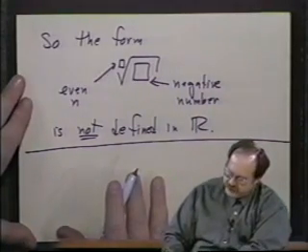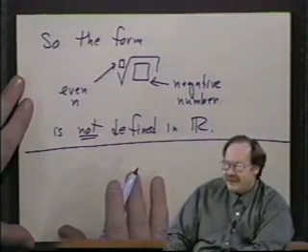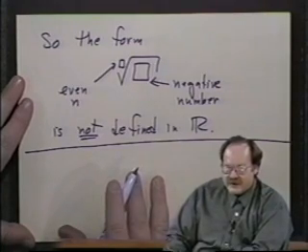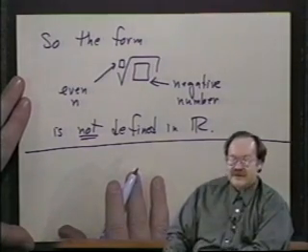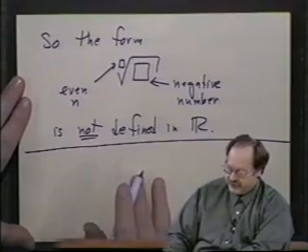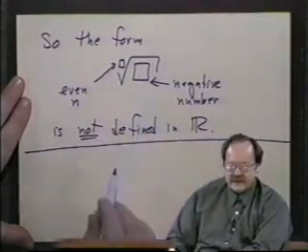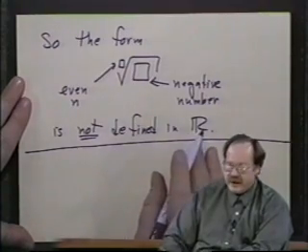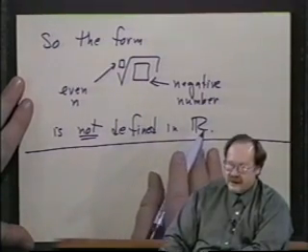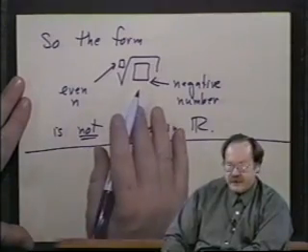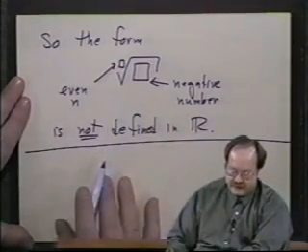And why is it not a real number? Well, it'll turn out to be a complex number. So when I finish this section and we move on a bit, we'll talk about numbers again, and we'll come back to complex numbers. But such a situation, an even root of a negative number, leads to what are called complex numbers. They are not part of the real number system right now, but they will be later. So just bear with me and accept the fact that you can't take roots of that sort.